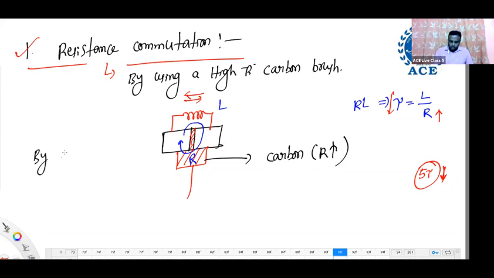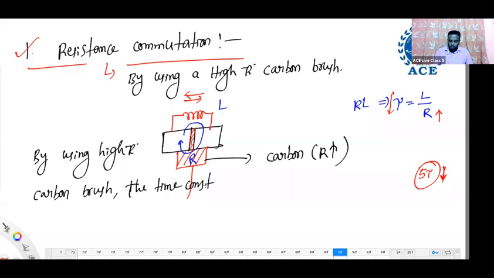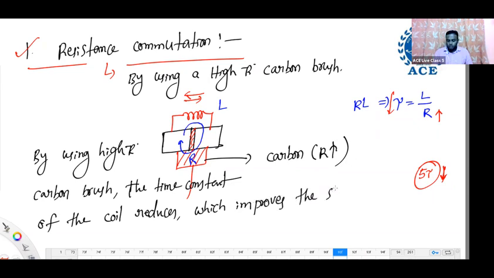By using a high resistance carbon brush, the time constant of the coil reduces, which improves the speed of current response.